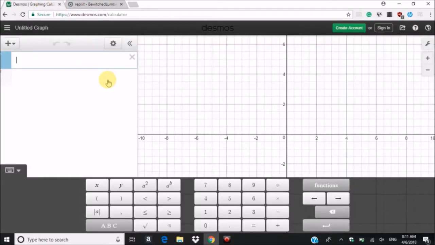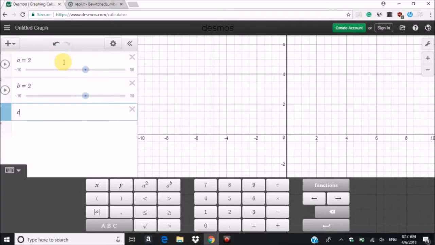Right now I'm on an empty graph. Only for demonstration purposes, I will show you what the final product should look like. So we need a point, so let's set it equal to 2, 2, and 1.